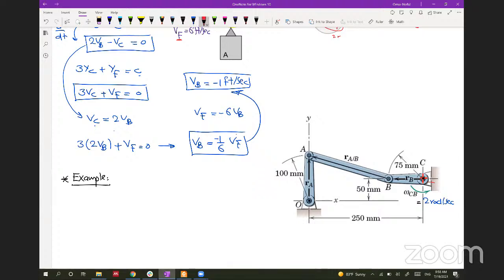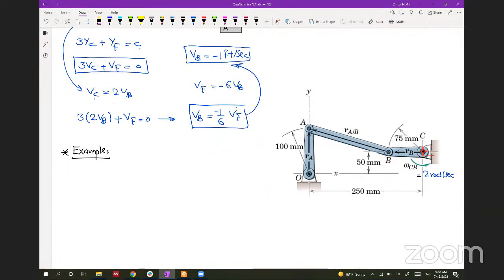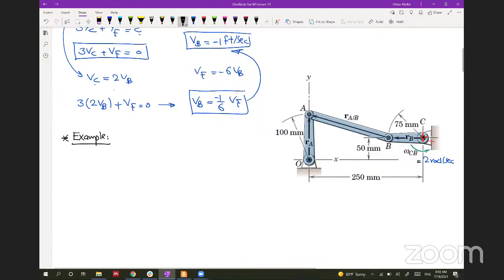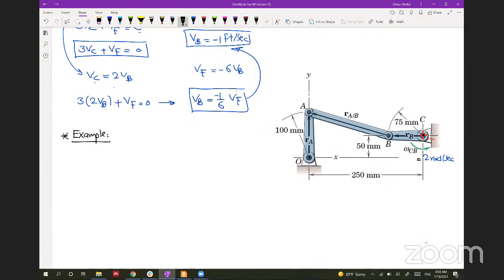So actually, if we have omega in this direction, we will be having VB going down. Let's have it here like this.